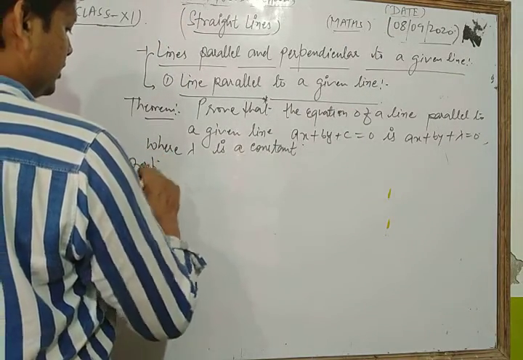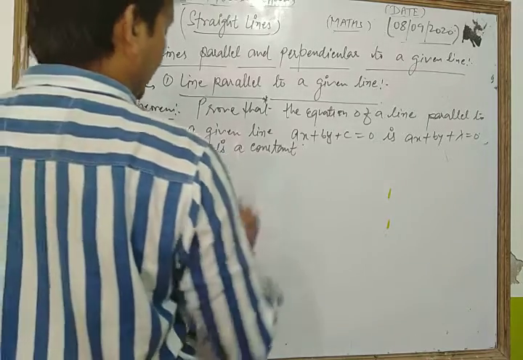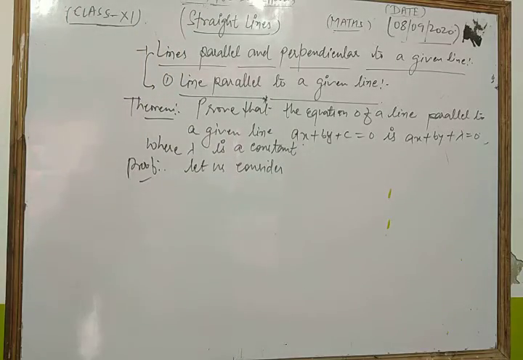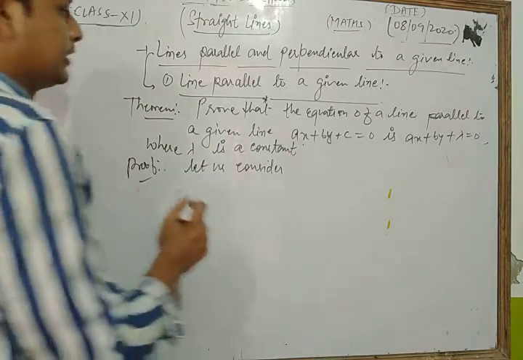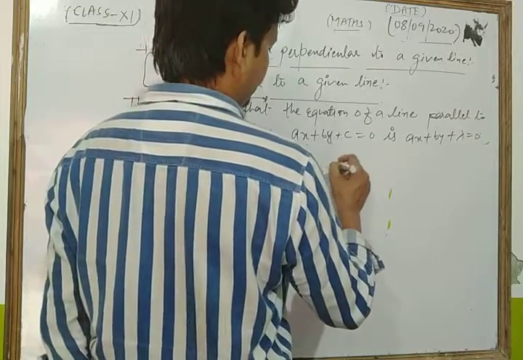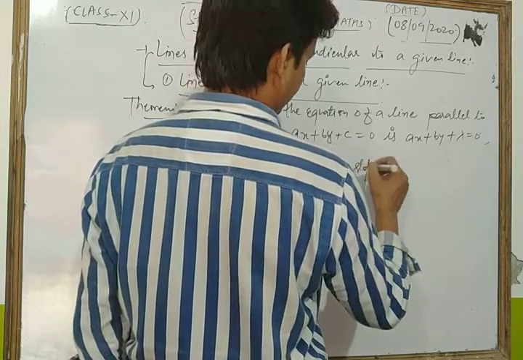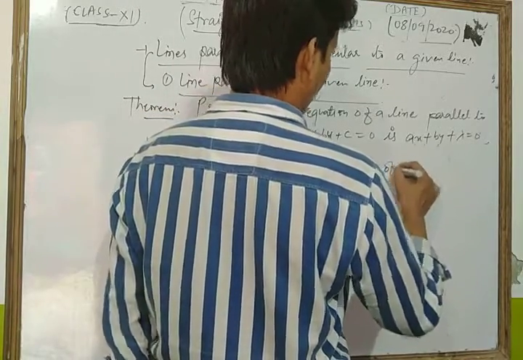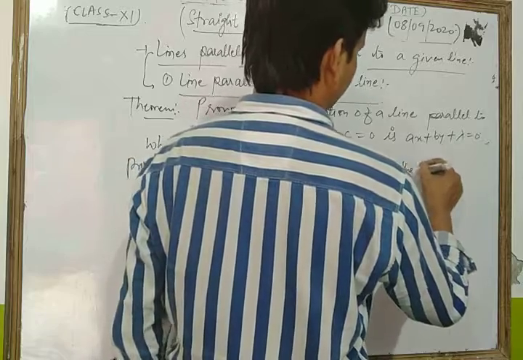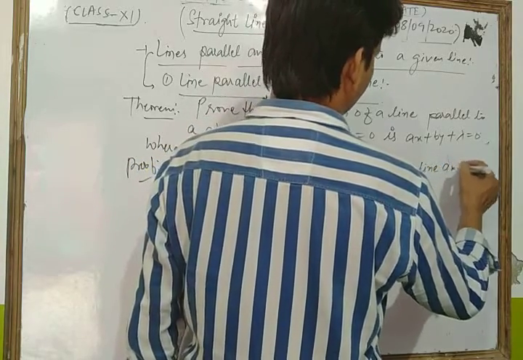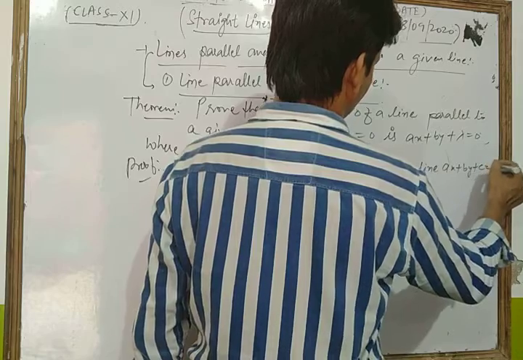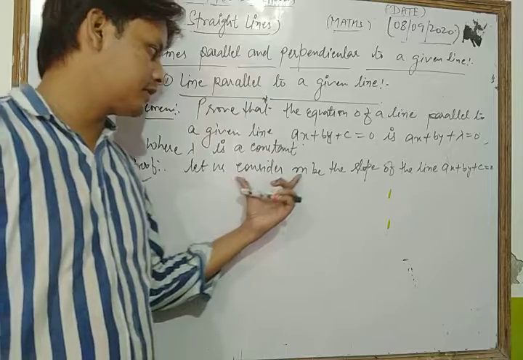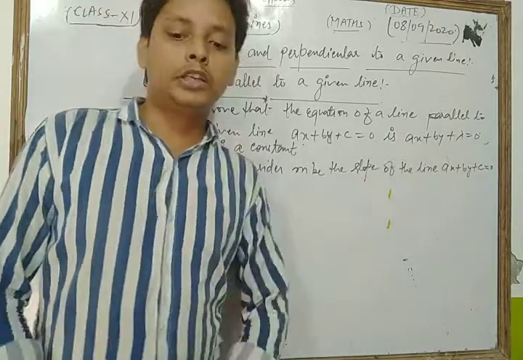First of all, let m be the slope of the line ax plus by plus c is equal to 0.